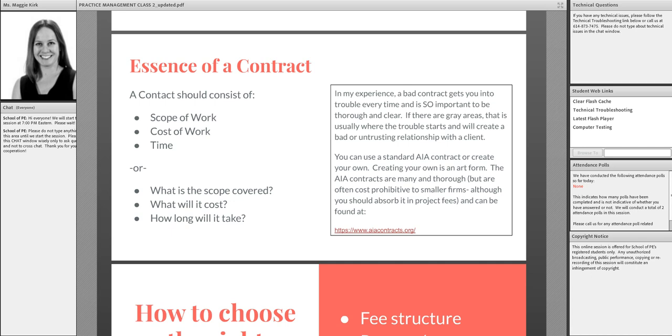So just make sure, again, that you are very clear on what is the scope of work, what is the cost of work, and what's the time. There's a lot of projects where they might not know exactly what they want. But if you have that conversation up front, and you come to an agreement that, let's say, we'll put in this mechanical system now as part of the scope, it can change later.